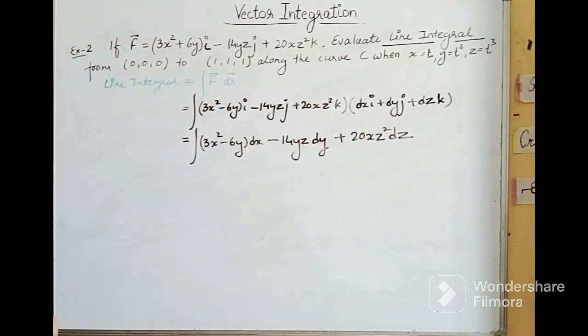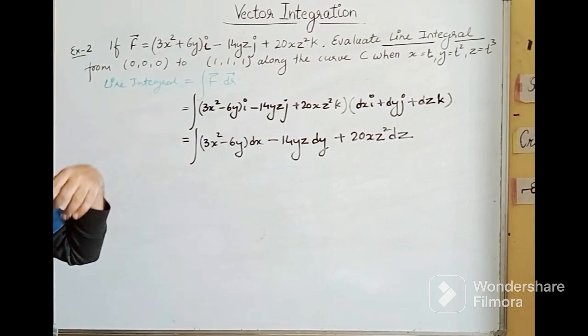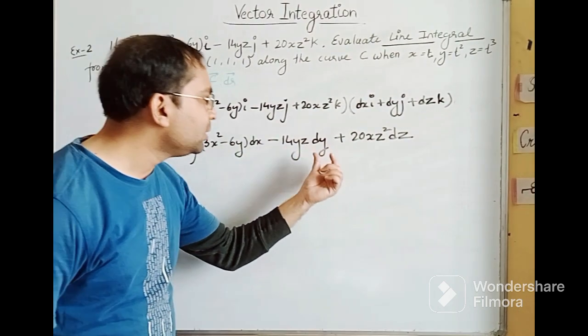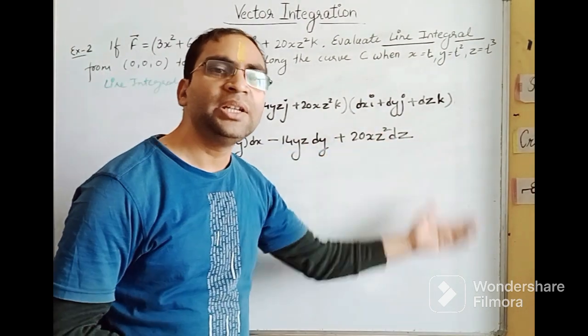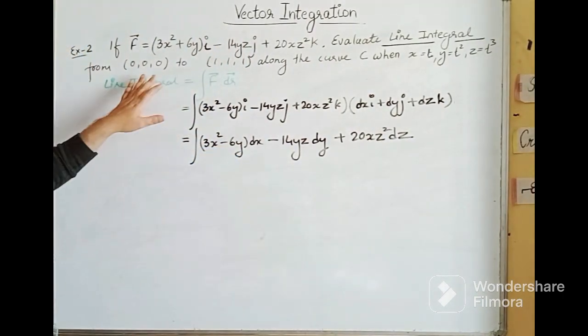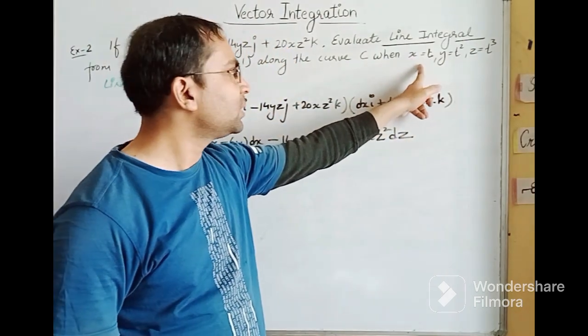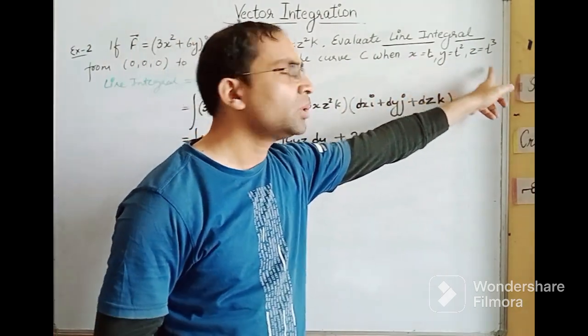Now we need to perform some substitutions, because this is a single integral and we have to eliminate y, dy, z and dz to perform the integration. For that we will use these relations. Here we can see x is t, y is t square and z is t cube.